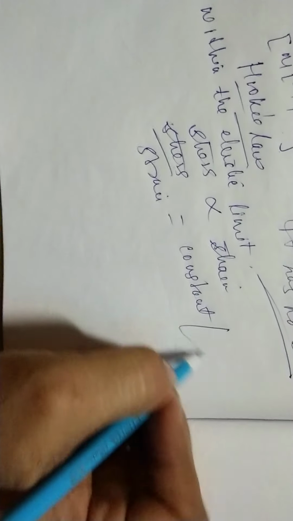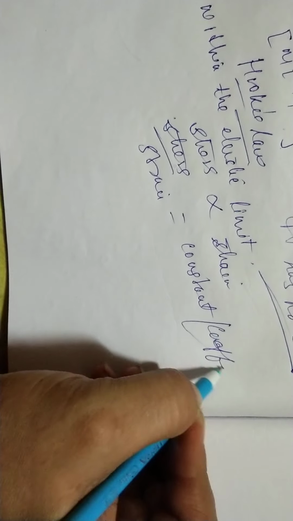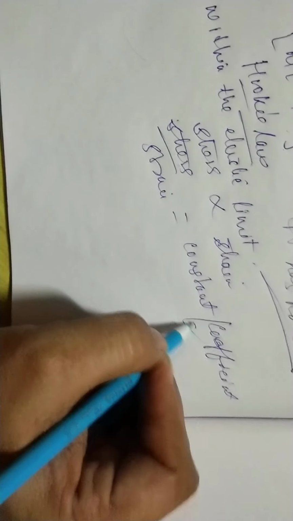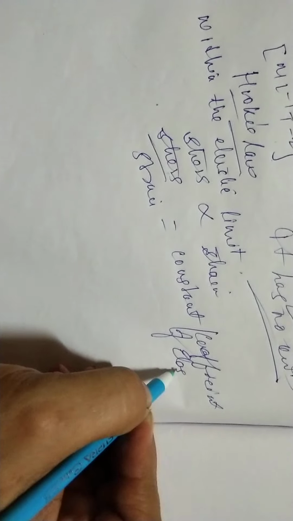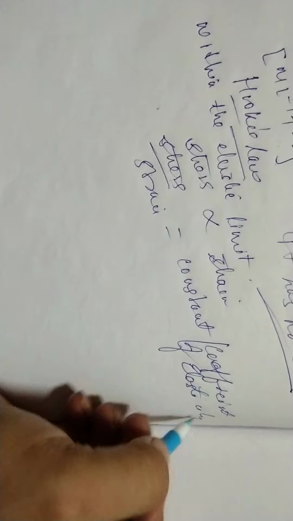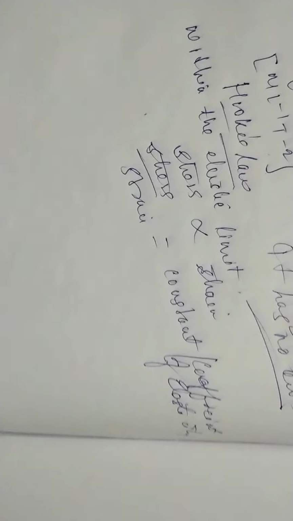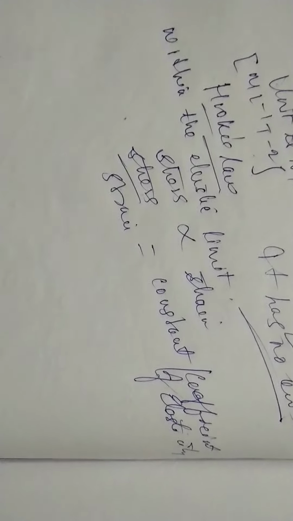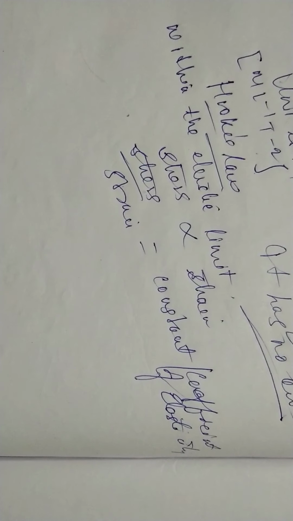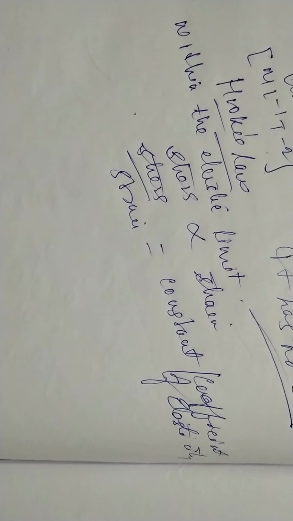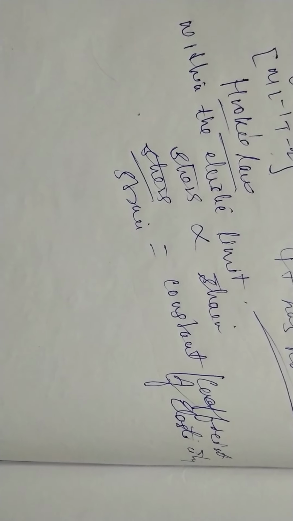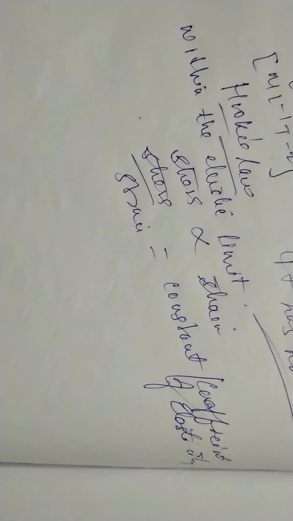Now this constant is known as the coefficient of elasticity. Very simple. Within the elastic limit, stress is proportional to strain, that is, stress by strain is equal to constant, and we call this constant the coefficient of elasticity.